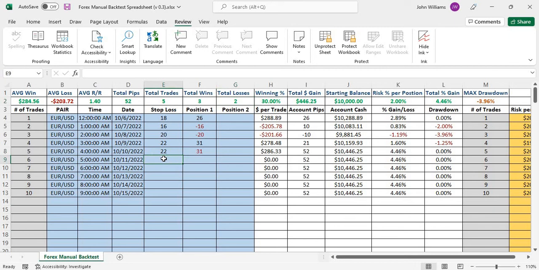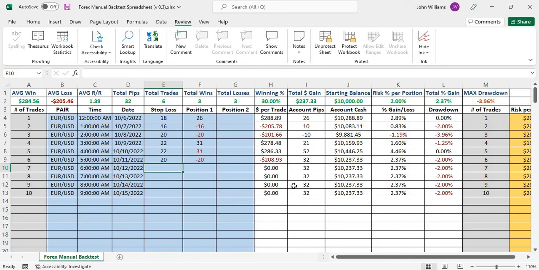All right, let me go with my 6th trade being 20 for the stop loss value, and then negative 20, so we lost. All right, so at position 1 we lost. All right, and let me just enter the other 4.